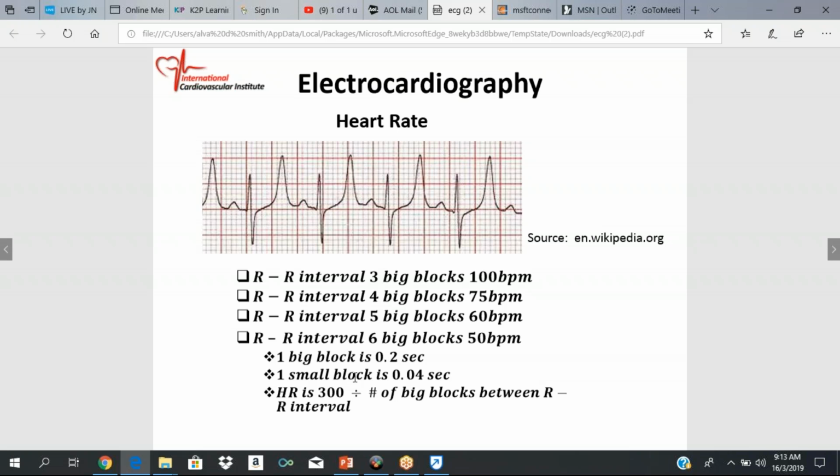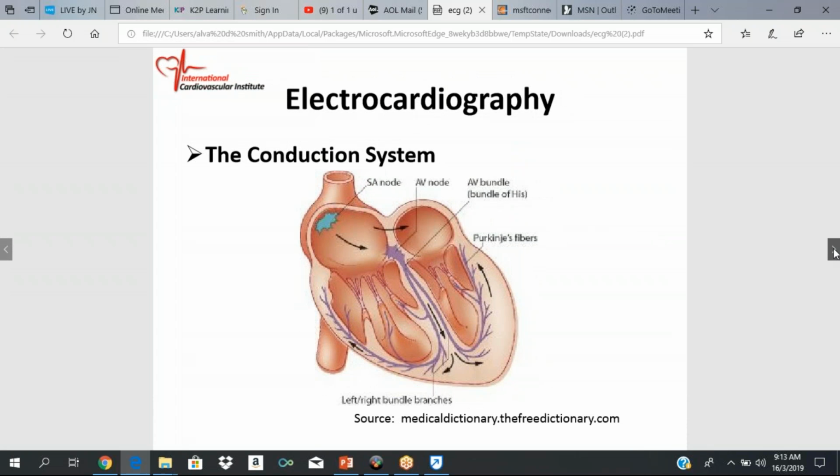And the duration of the small block is 40 milliseconds or 0.04 seconds. Okay? And again, the formula for heart rate is 300 divided by the number of big blocks between the RR interval. So heart rate is not that difficult.